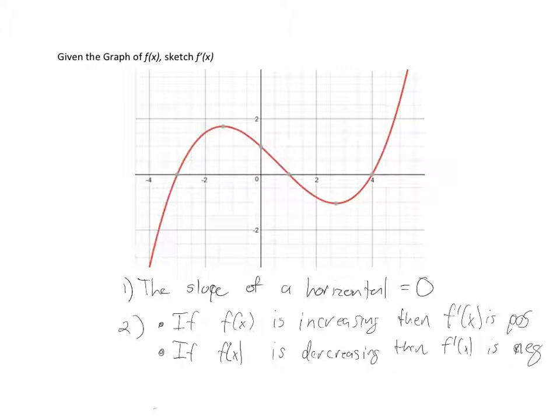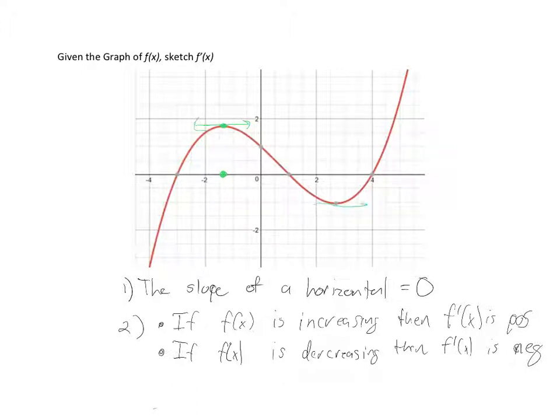Okay, so let's talk about this first point. The slope of a horizontal line equals 0. So if I look at this point here, you would have a horizontal tangent line. That means at that point, f prime of x is 0.